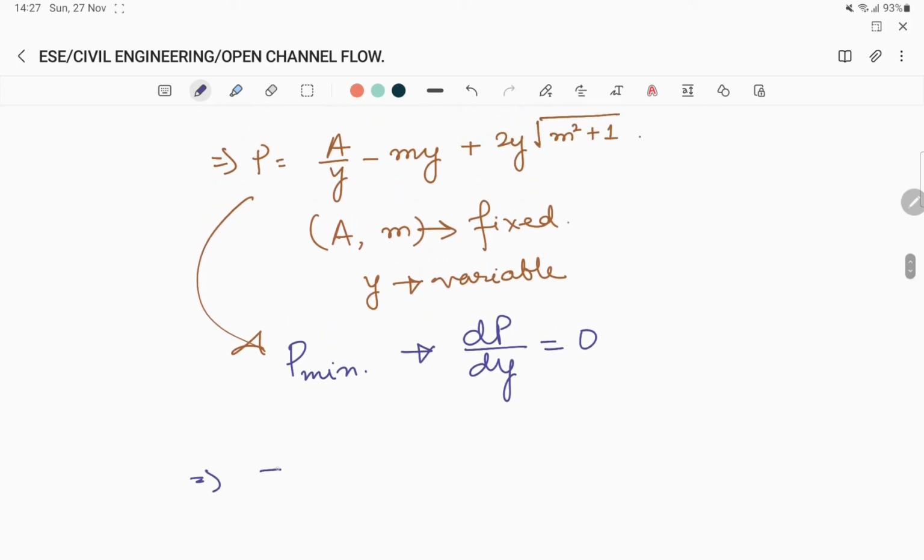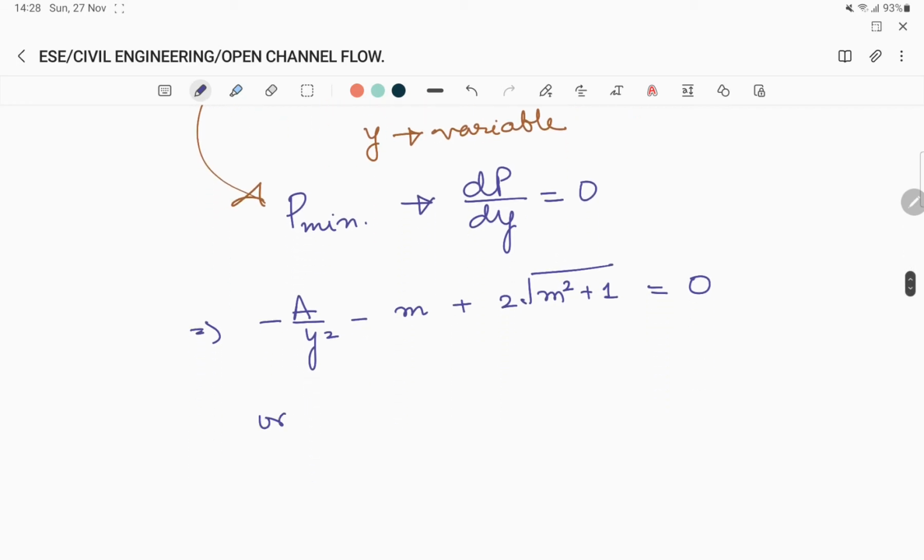So this will give you minus A upon y square minus m plus 2 under root m square plus 1 is equal to 0. Now we can write A by y square plus m is equal to 2 under root m square plus 1.